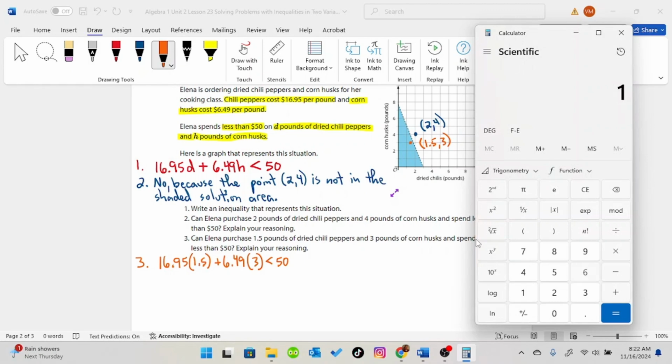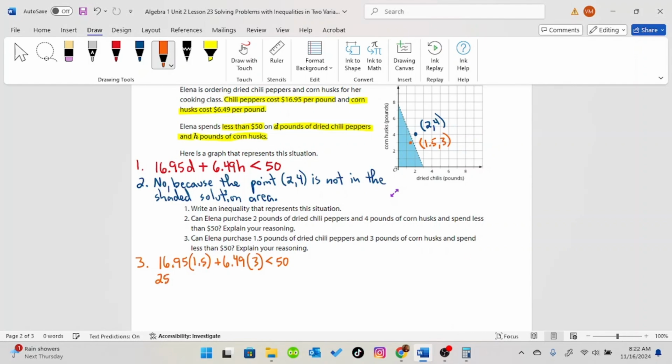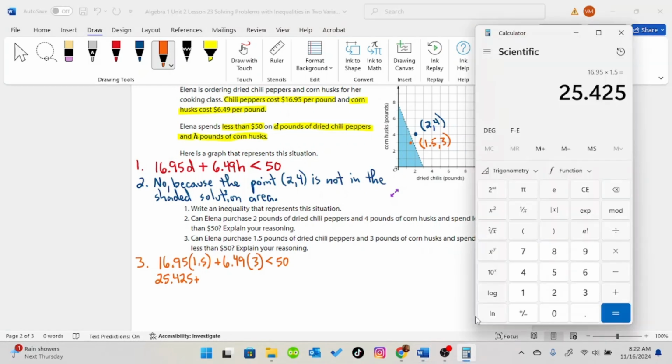So 16.95 times 1.5 is 25.425. $6.49 times 3 is 19.47.